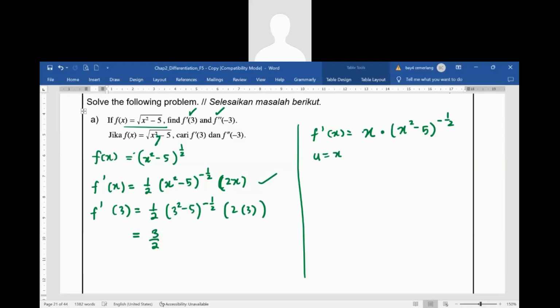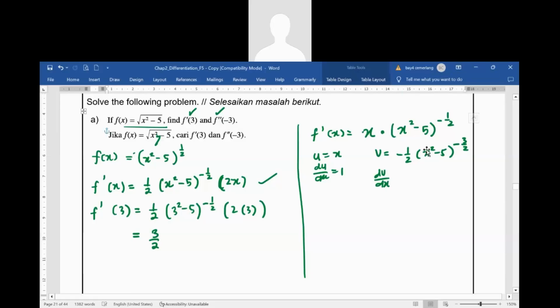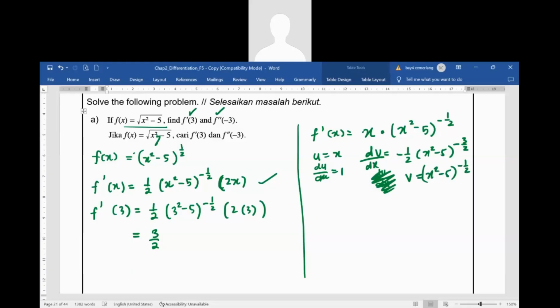So u equals x, du dx equals 1, v equals negative 1 over 2 x square minus 5 power negative 3 over 2, and dv dx, sorry, I actually differentiated this part. So your v should be x square minus 5 power negative half. Okay, no need to panic.